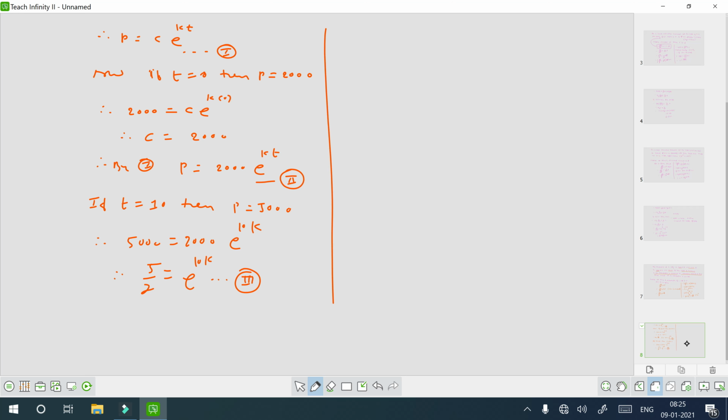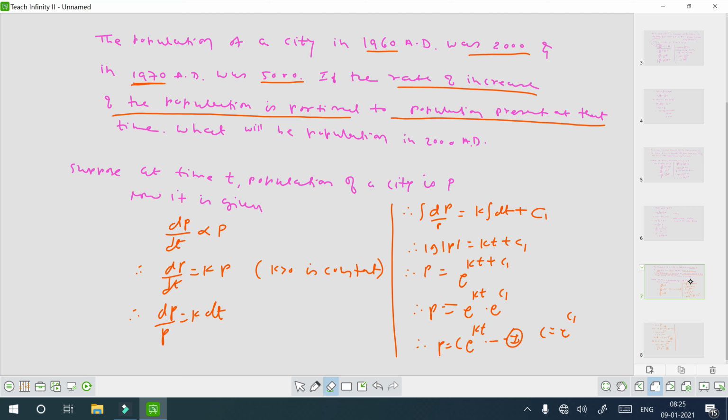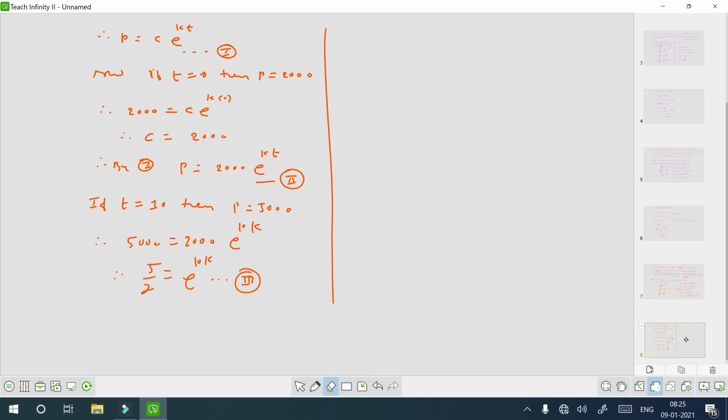Now what we want? Once again observe. What will be the population in 2000? 1960 to 2000, what is the span? Span of 40 years. That means if t is equal to 40, then we want P is equal to what? And therefore by 2, P is equal to 2000 e raised to 40k.